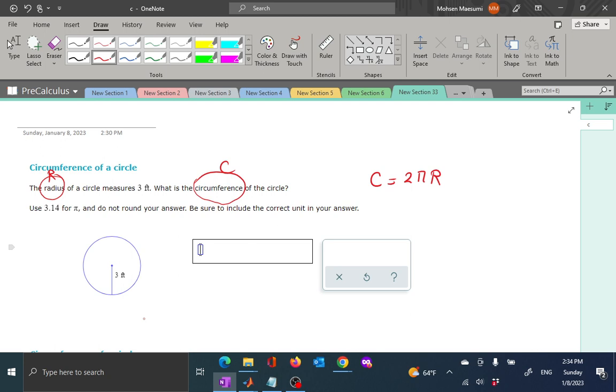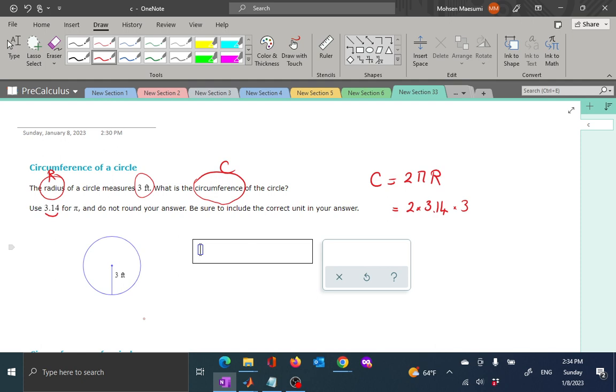So all that is left to find in this particular case, it says for pi take 3.14. Don't add or subtract or anything to the number of digits, just 3.14. And the radius we are being told is 3.